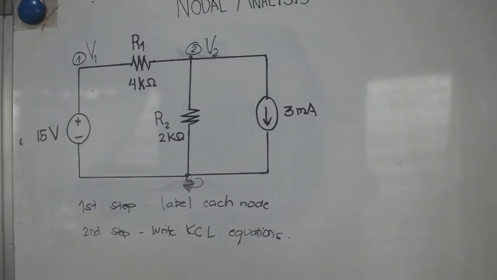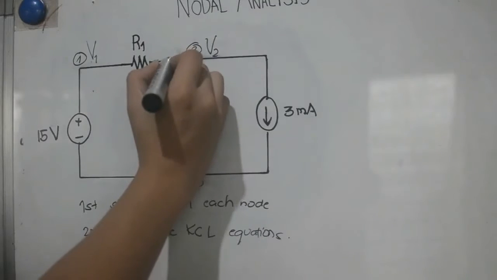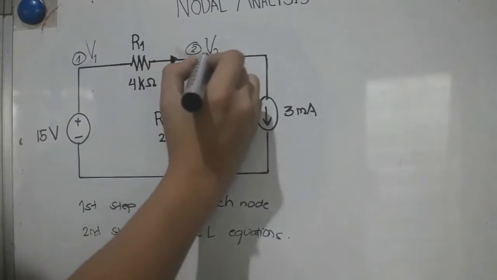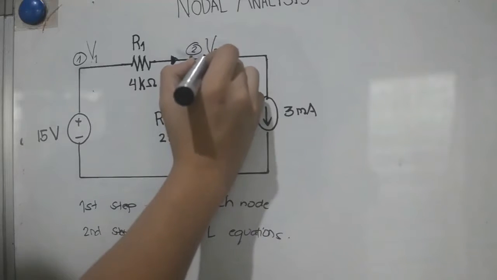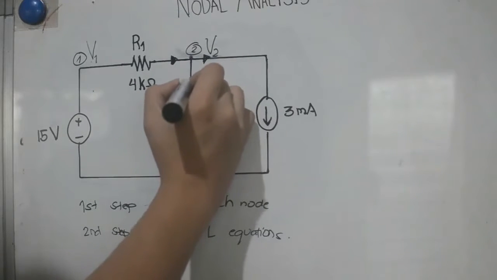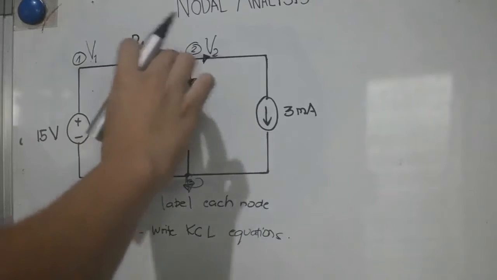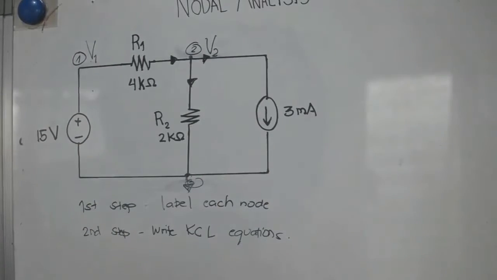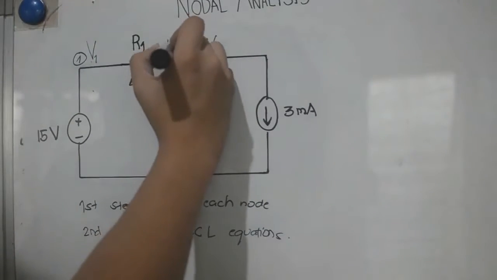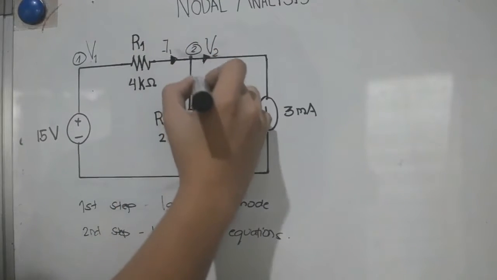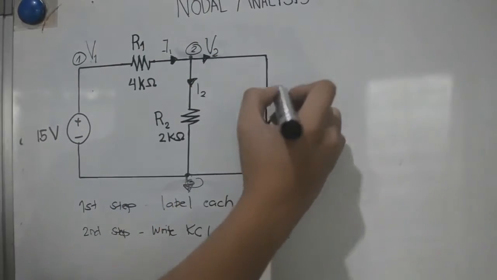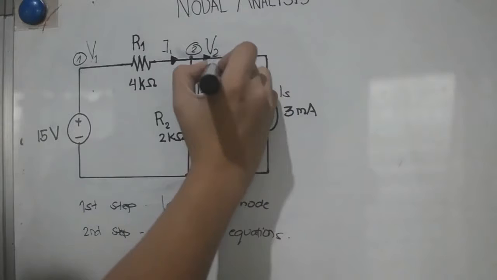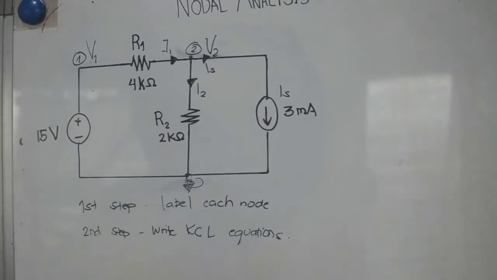But first, we will identify the currents flowing in the circuit. There are 3 currents in the circuit: I1, I2, and IS respectively.